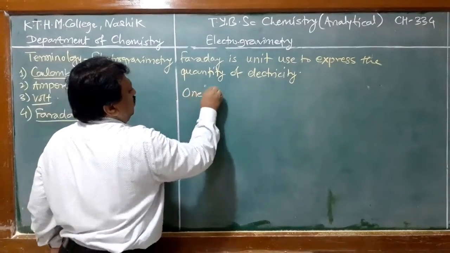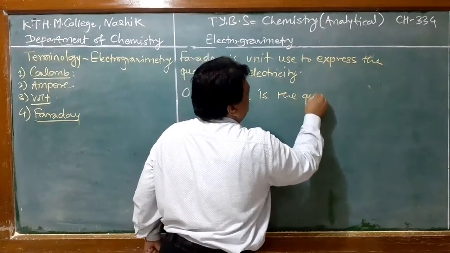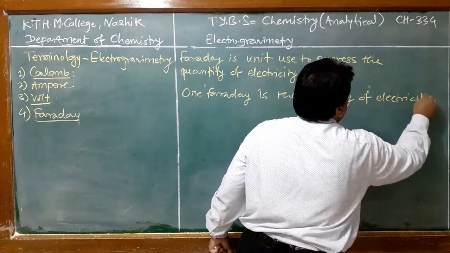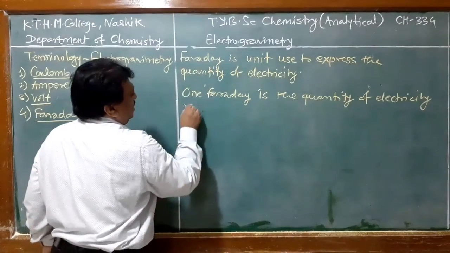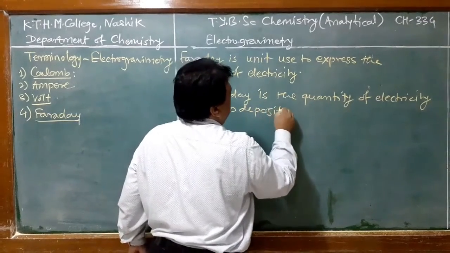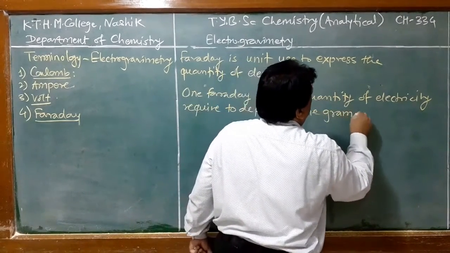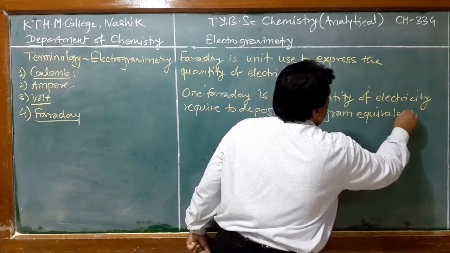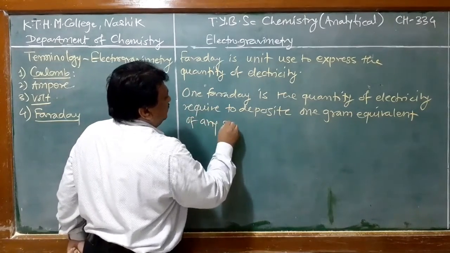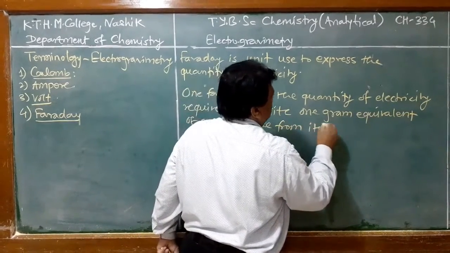One Faraday is the quantity of electricity required to deposit or liberate 1 gram equivalent of any substance from its solution.